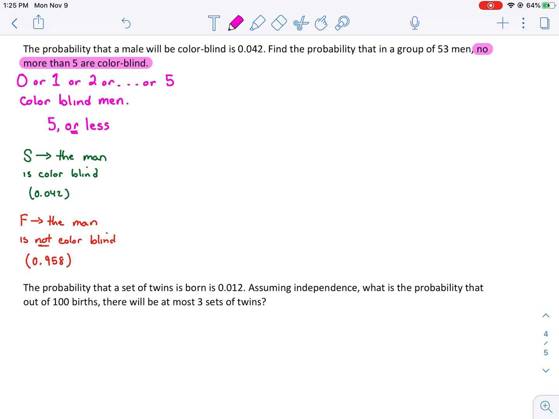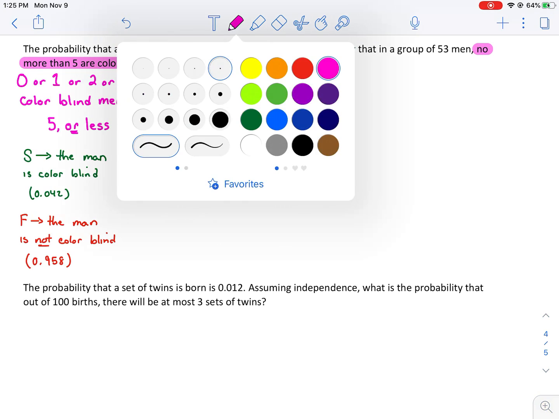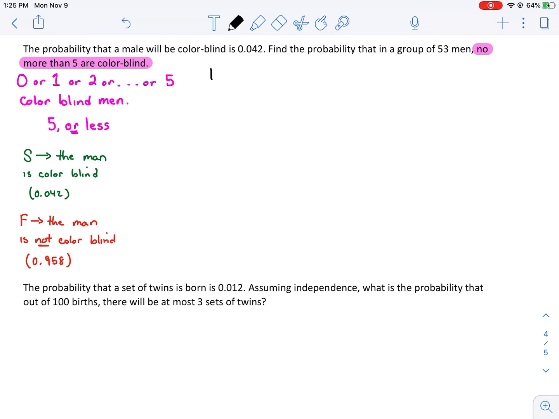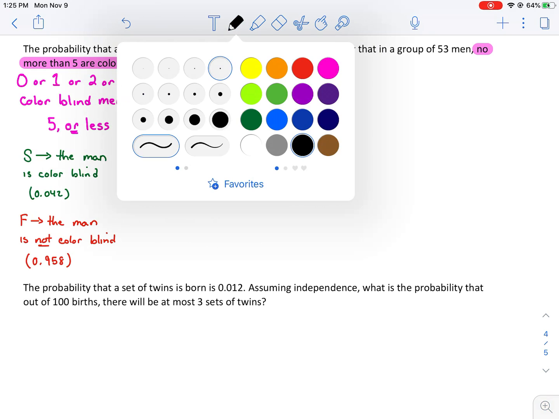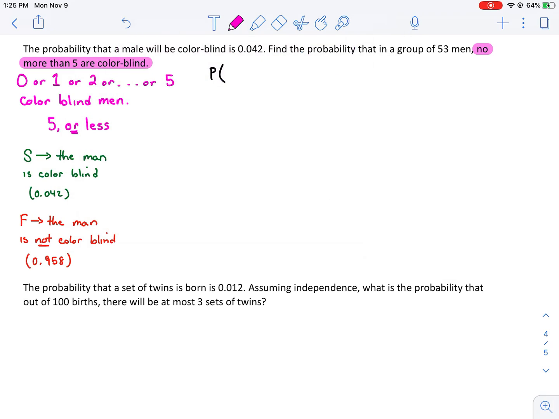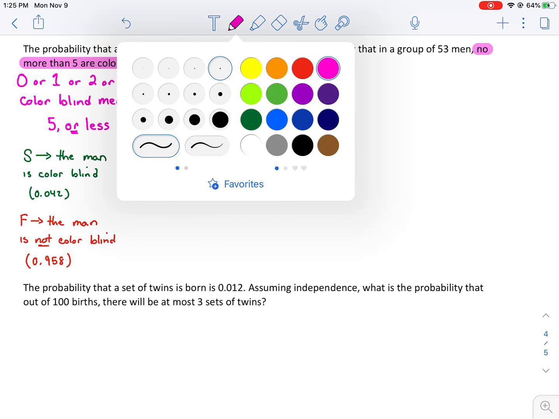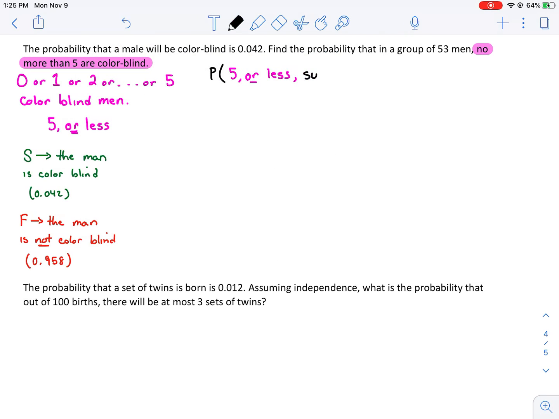That is 5 or less. So we want to find the probability of 5 or less successes out of 53.